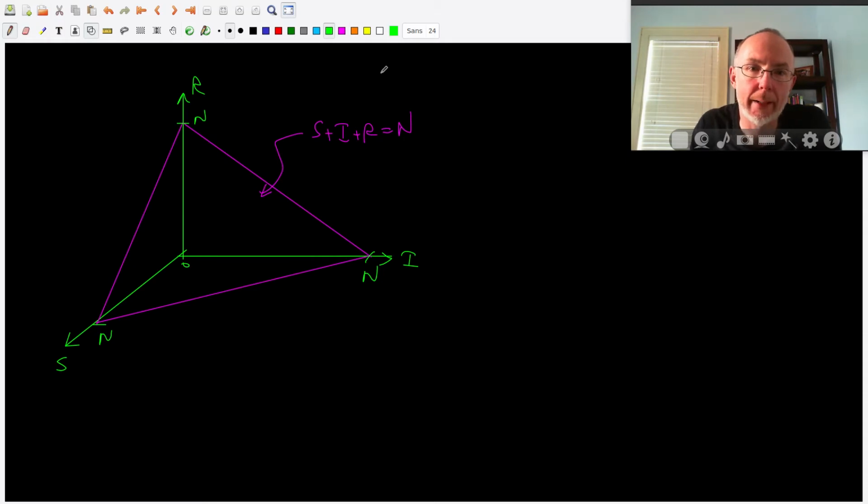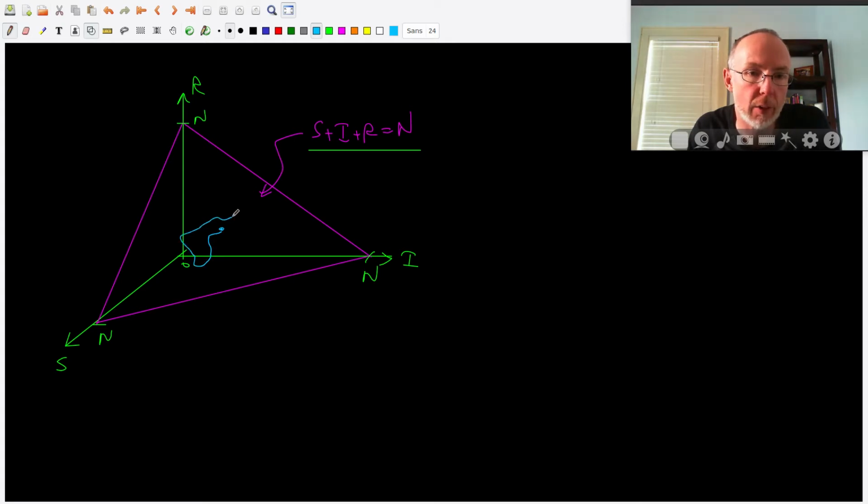Looking at it a bit more clearly, the condition that the sum of S, I and R is equal to n means that we get this plane. So essentially we've got a roof. We know that S, R and I are all greater than or equal to 0, and the sum of them is equal to n. So the trajectories wander around inside that triangle. The trajectories have to be below that roof, so I'm going to have some point here.